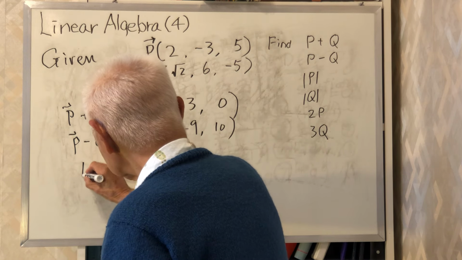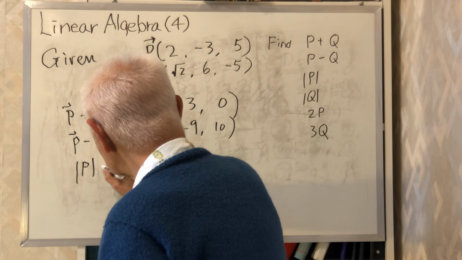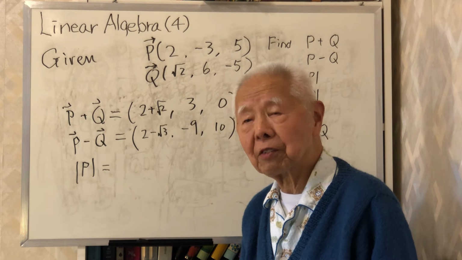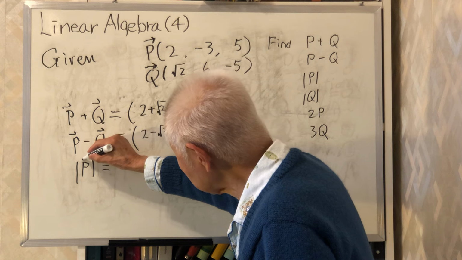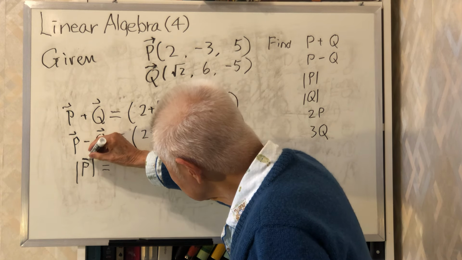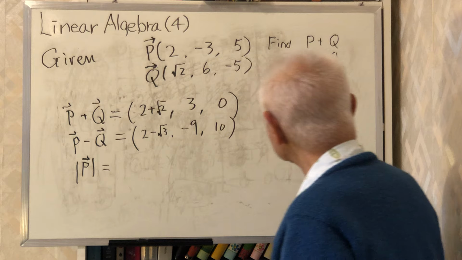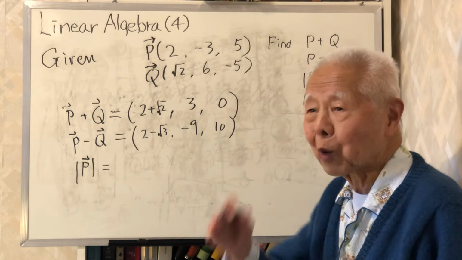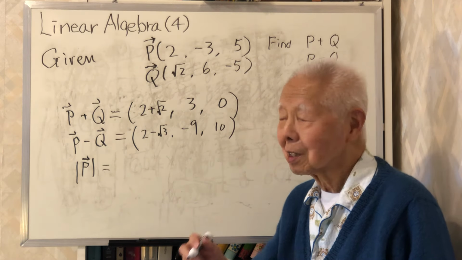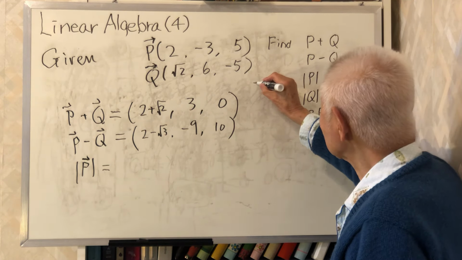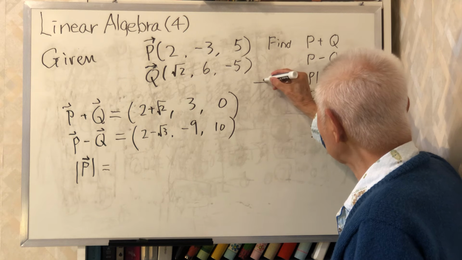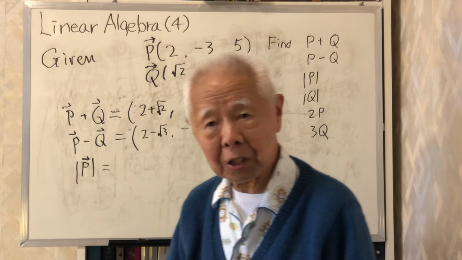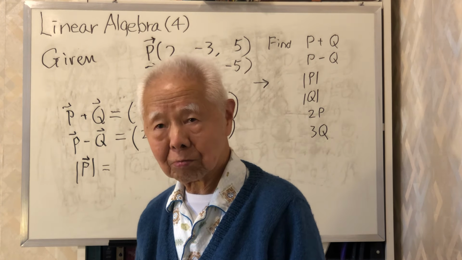What's the P magnitude? Remember, this is a vector, the magnitude of a vector. In writing, the vector label, you should put an arrow above the letter, so it means a vector.